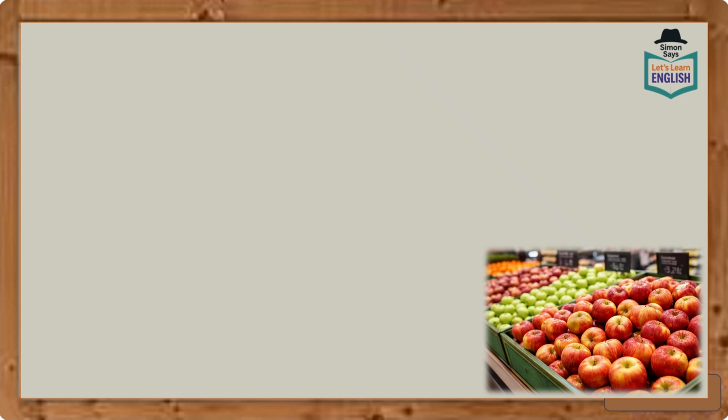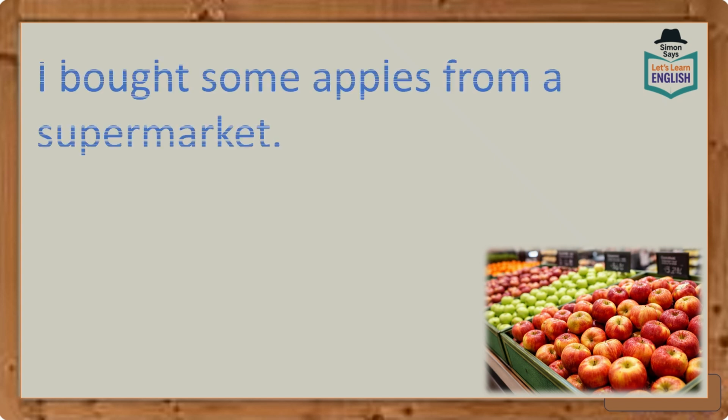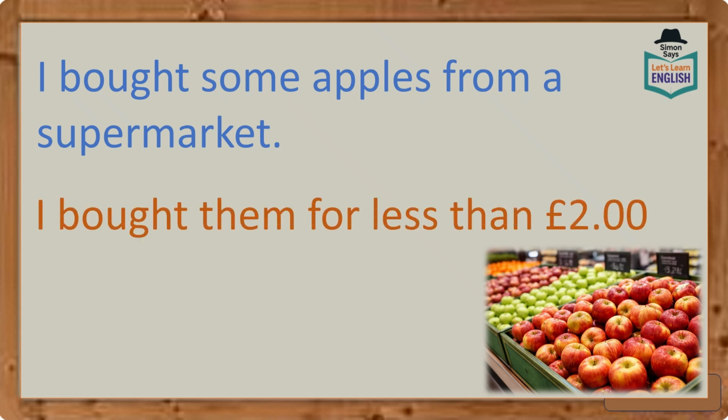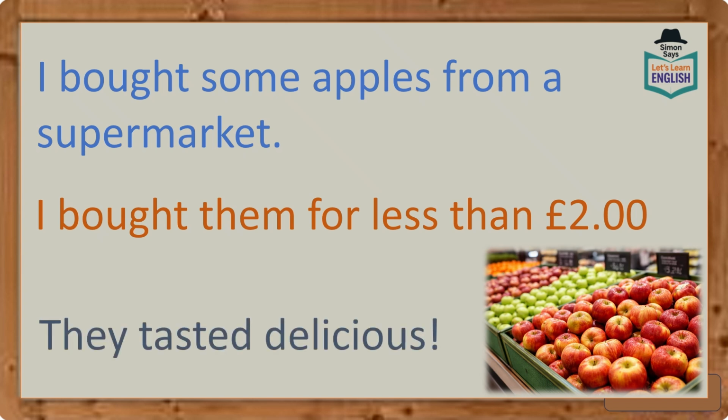Let's look at the following sentences. I bought some apples from a supermarket. I bought them for less than £2. They tasted delicious, meaning they tasted very nice. Now, in the second sentence, the pronoun them replaces the noun apples in the first sentence.